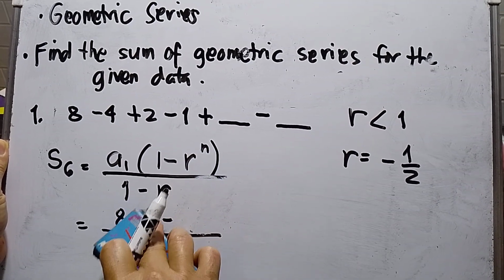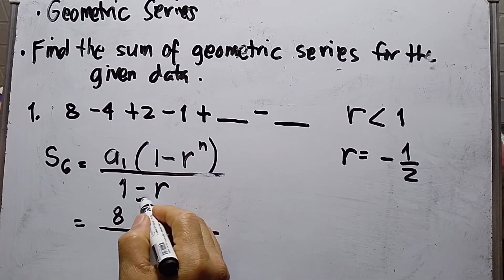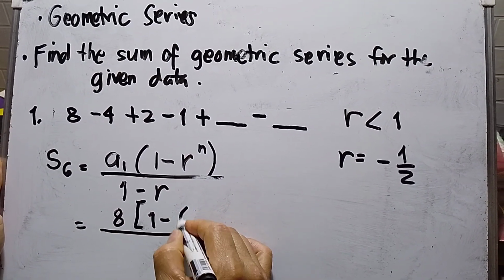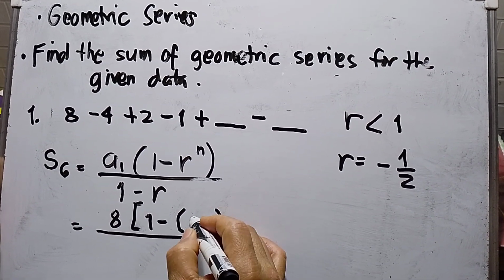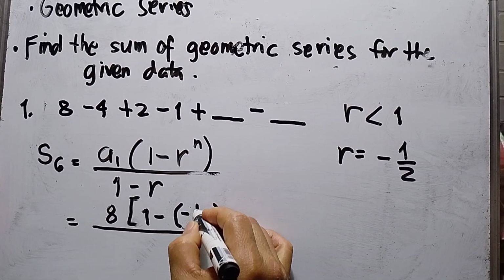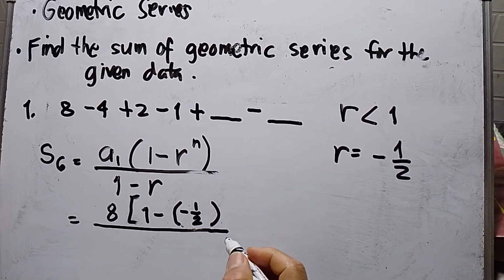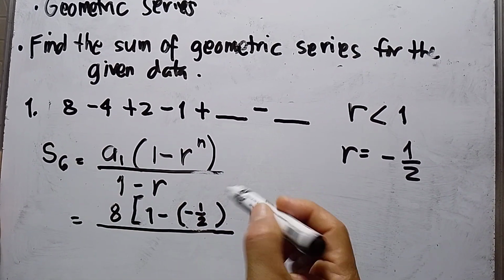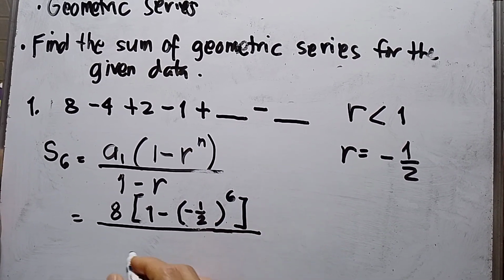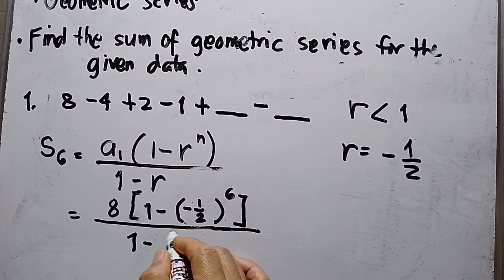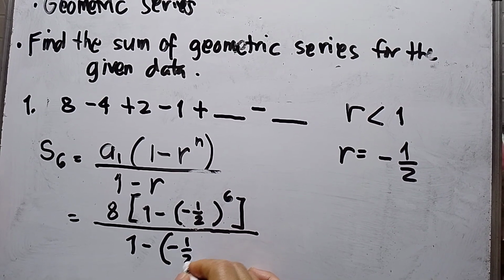So I'll just use the square brackets. 1. Then I will use also, inside the brackets, the negative 1 over 2 raised to n. What is our n? There are 6 terms, so this will also be 6. Then close. Then 1 minus negative 1 over 2.